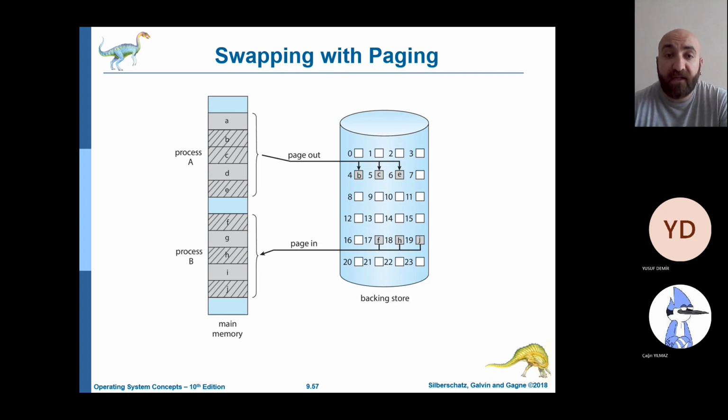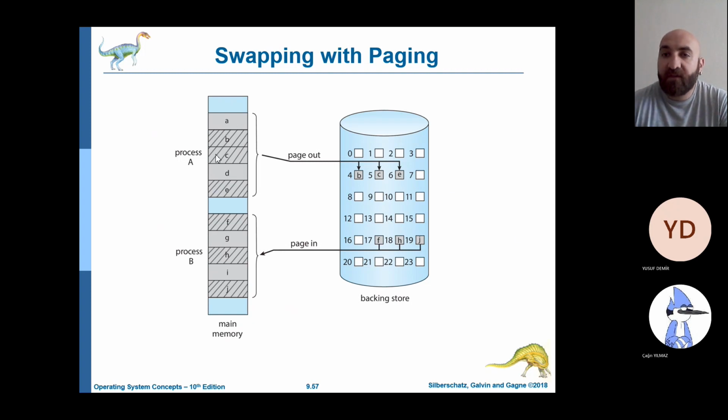A page out operation moves a page from memory to the backing store, and the reverse process is known as page in. So instead of the terms swap out and swap in, here we use page out and page in because we are just moving one page of that process. Swapping with paging is illustrated here, where a subset of pages for processes A and B are paged out and paged in respectively.